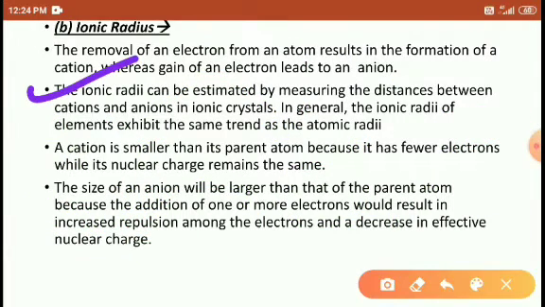Ionic radius can be estimated by measuring the distance between cation and anion in an ionic crystal. The ionic radii exhibit the same trend as atomic radii.